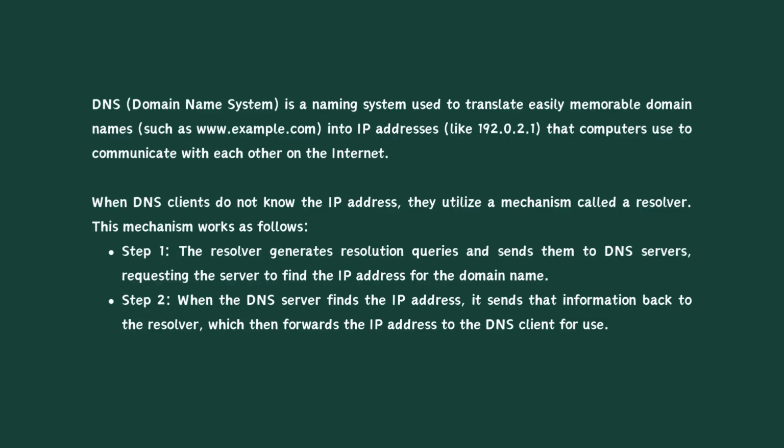This mechanism works as follows. Step 1. The resolver generates resolution queries and sends them to DNS servers, requesting the server to find the IP address for the domain name. Step 2. When the DNS server finds the IP address, it sends that information back to the resolver, which then forwards the IP address to the DNS client for use.